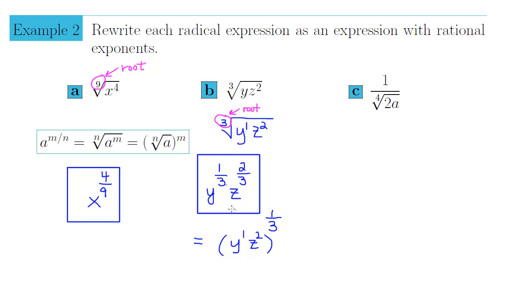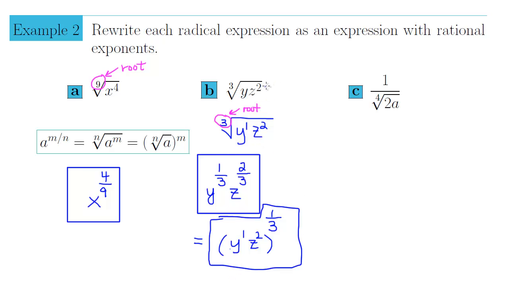Do you see how this and this are the same thing? Because our power to the power rule would tell us that y to the first to the 1/3 power is 1 times 1/3, which is just 1/3. And z to the second to the 1/3 using the product rule would say 2 times 1/3, which is 2/3. These expressions here are equivalent and they mean the same thing.